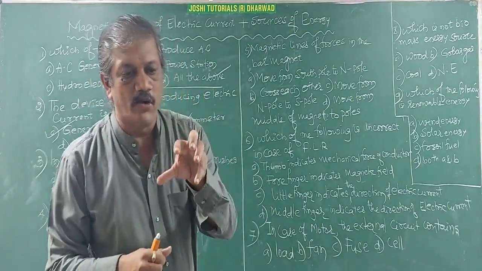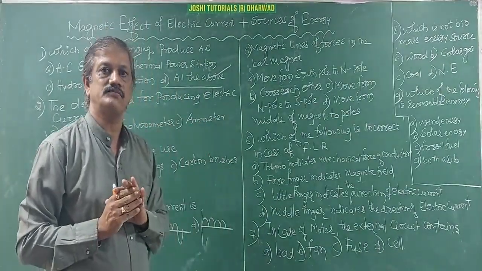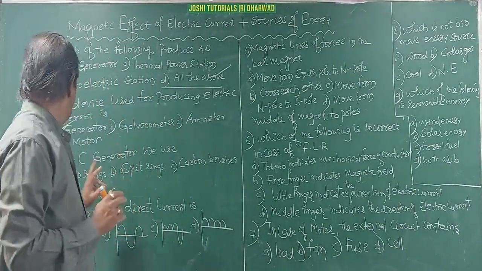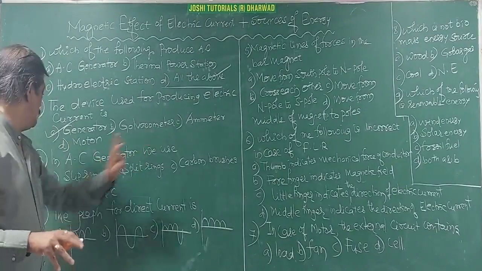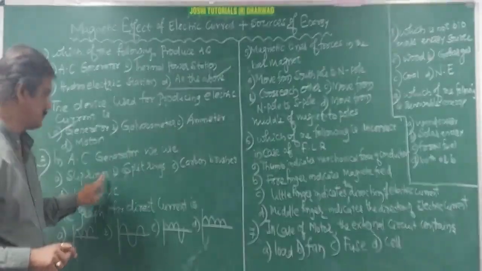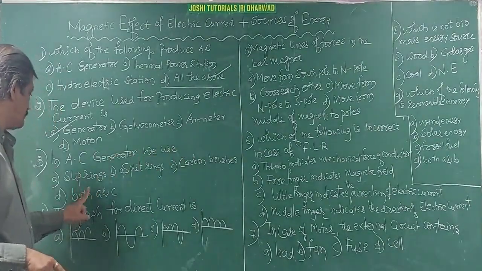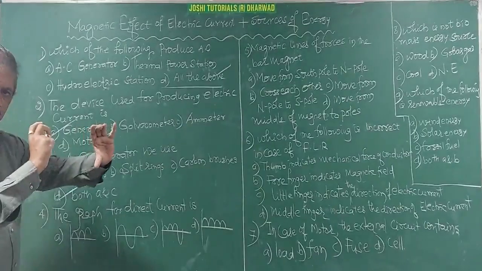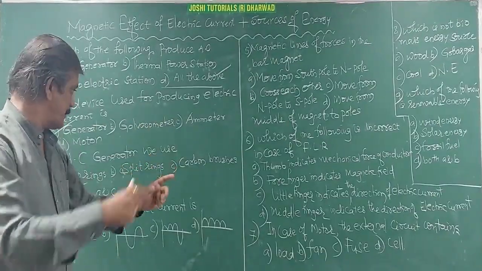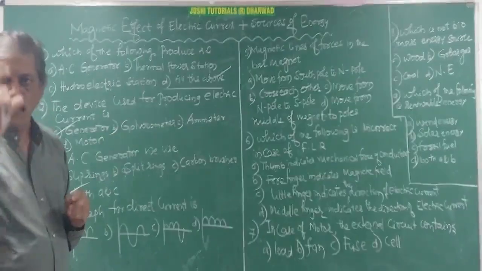If you go through the motor, the external source is a battery or cell. So, in an AC generator, we use slip rings, split rings, carbon brushes. The correct answer is both A and C, slip rings and carbon brushes. You see the options properly.